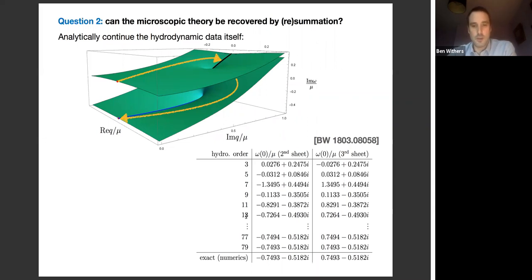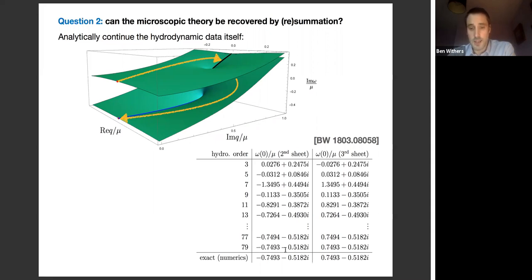So here's the result of that procedure as a function of hydrodynamic order. I take, for example, this series to hydrodynamic order 9 and do this analytic continuation and read off the value at the origin on the second sheet here. And then I increase the order to 11, 13, and so on, up to the max order which I have, which is 79.